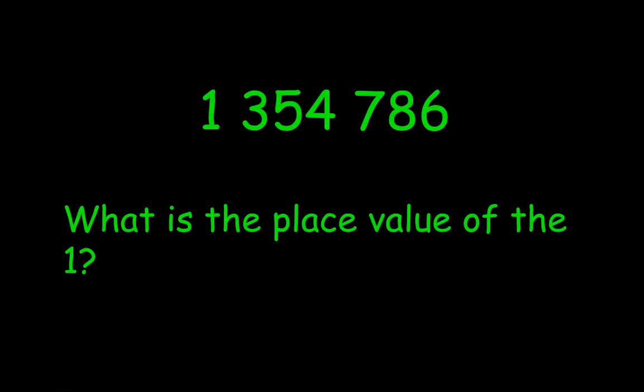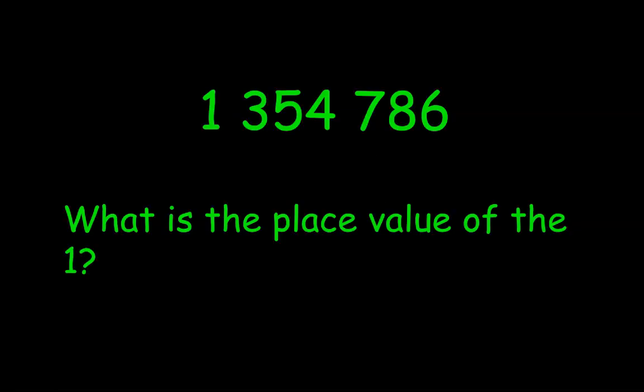1,354,786. What is the place value of the 1? Notice not value now, place value. Well, it's millions. Here's the interesting thing. The number 1 in this number has the same value as its place value, because that 1 is worth 1 million, and it also has a place value of 1 million.